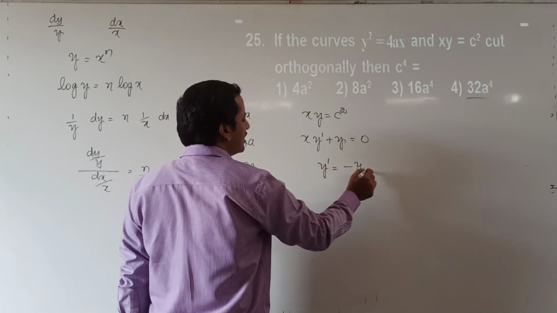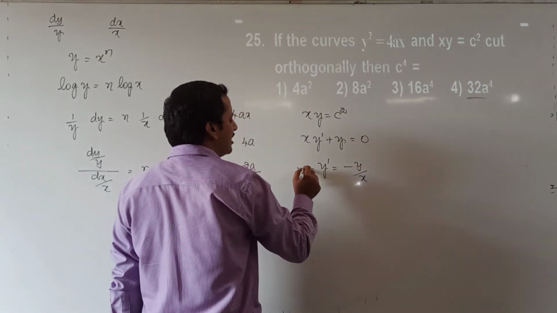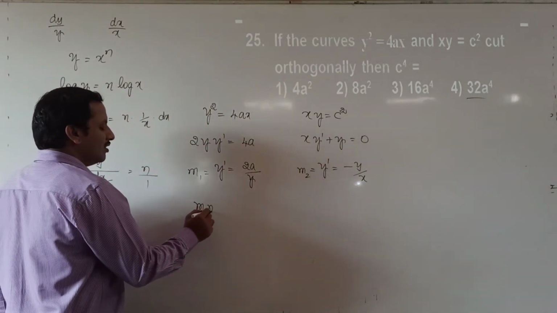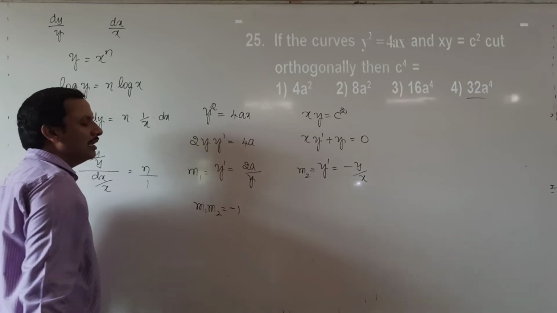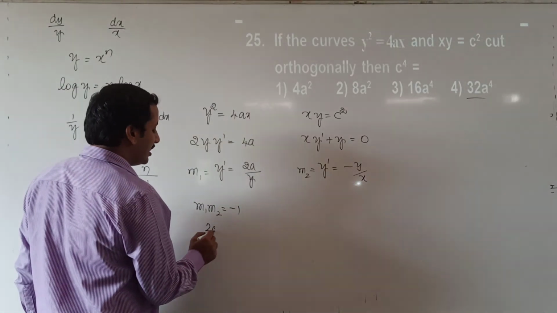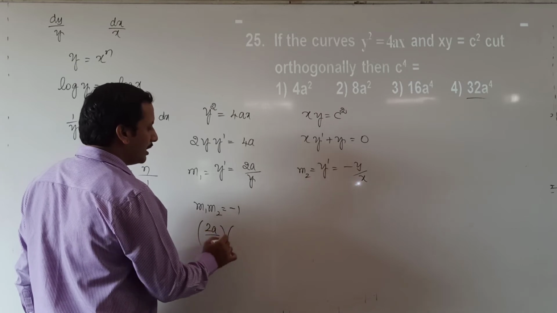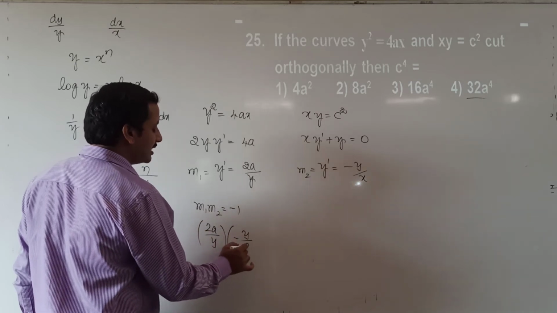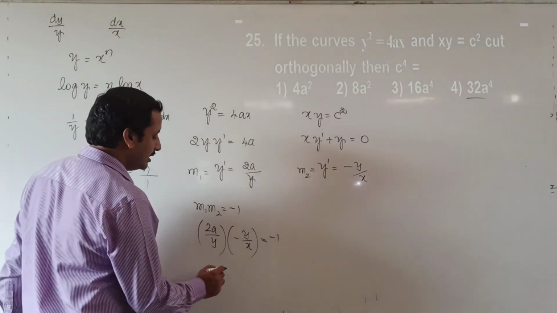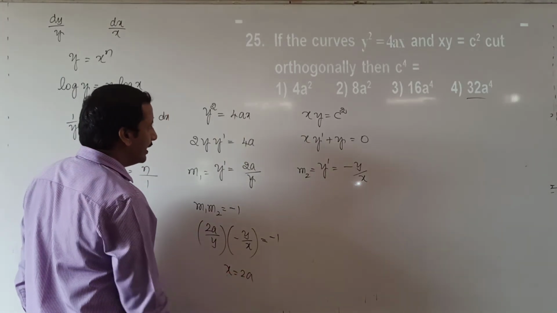So y dash is equal to minus y by x. Treat this as m2. Since they intersect orthogonally, the product of their slopes must be equal to minus 1. So 2a by y into minus y by x is equal to minus 1. Y gets cancelled, minus gets cancelled. We get x equal to 2a.